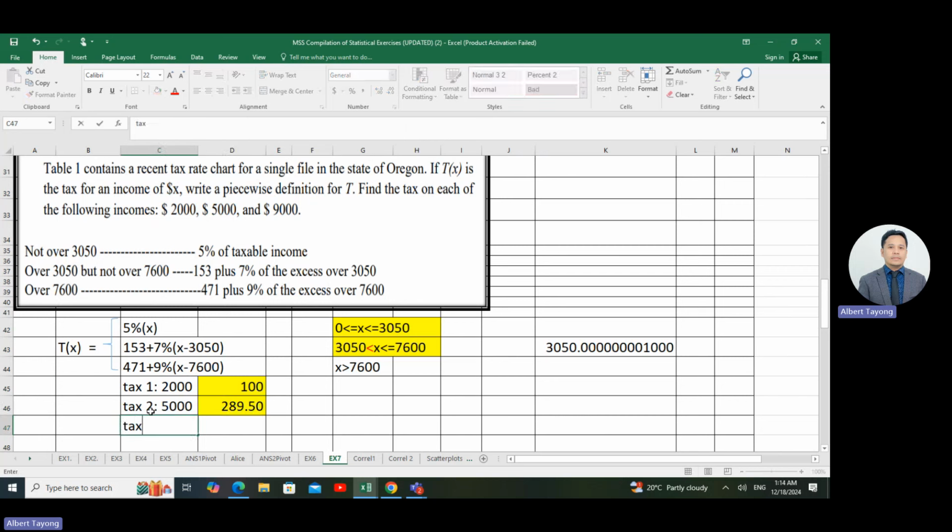Now for the income 3, we have 9,000. This is, of course, the third one, greater than 7,600. So we have 471 plus 9% times 9,000 minus 7,600.